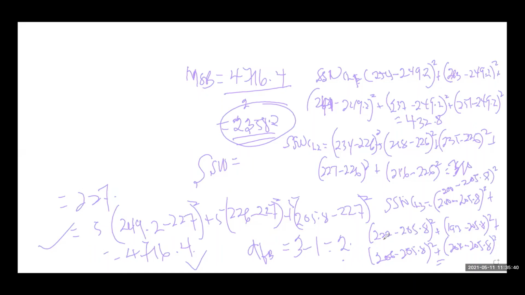This is 222 minus 205.8 squared. This is 197 minus the same 205.8. This is 206 and this is 204. I hope it is clear now. Please do it quick.